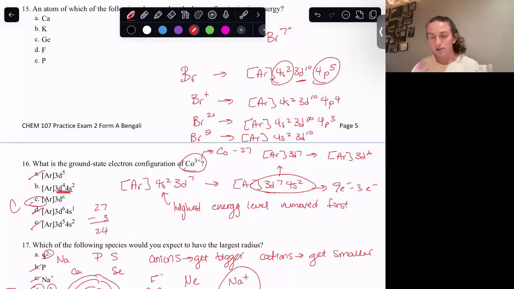So when I write it 4s2, 3d10, that's just because I filled the 4s first before I filled the 3d. I'm just reading it left to right. It doesn't matter how you write it. They just rearranged this based off of the highest energy level. So they put all the threes first because that's a lower energy level than the fourth energy level. As long as it is outside of the argon brackets, you're good to go.